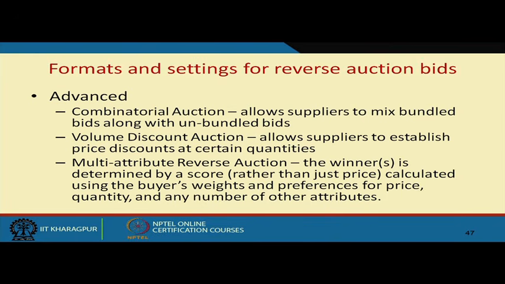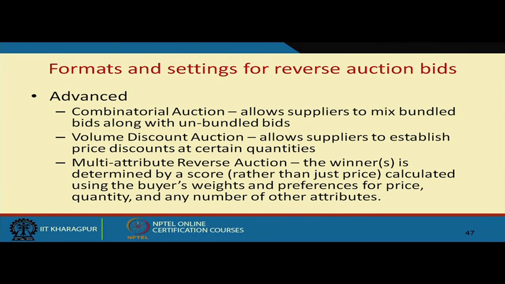But there are some advanced settings as well. The first category of such settings is the combinatorial auction. A combinatorial auction allows the suppliers to mix bundled bids with unbundled bids. By bundled bids we mean multiple items together.